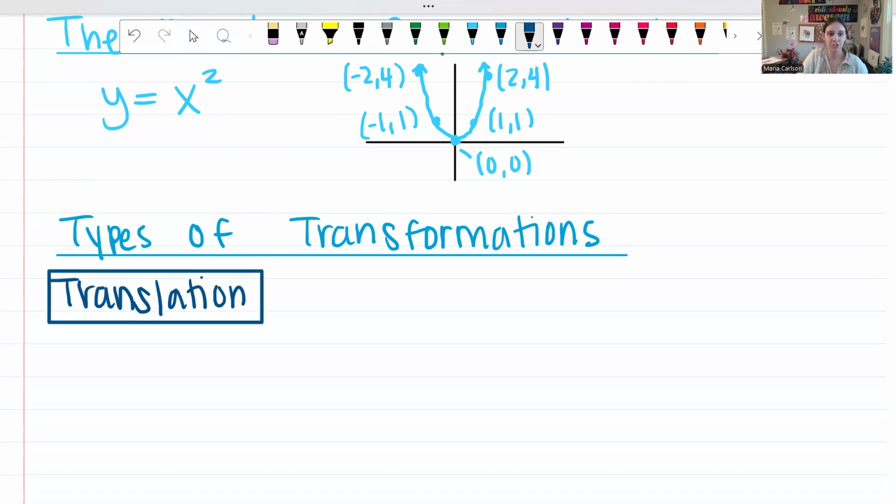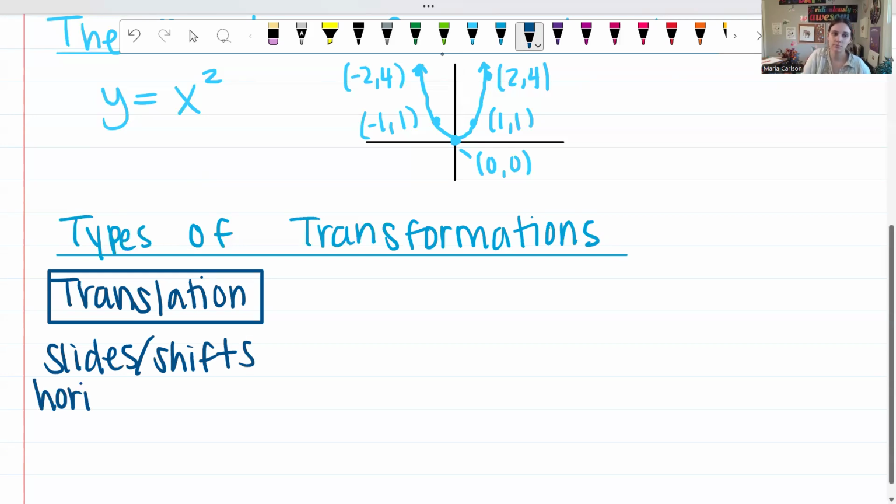And a translation slides or shifts your graph. And it's going to slide or shift horizontally and/or vertically.